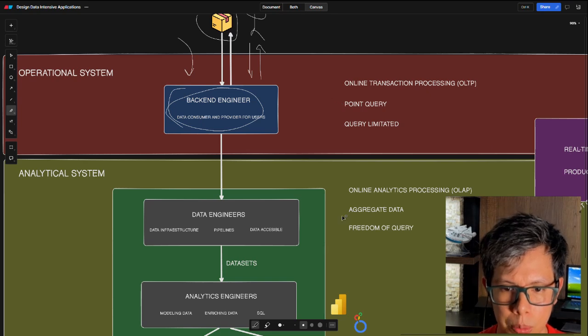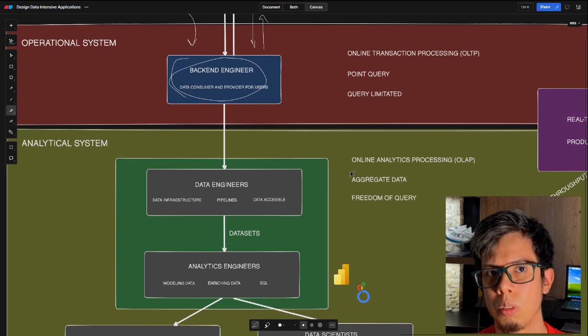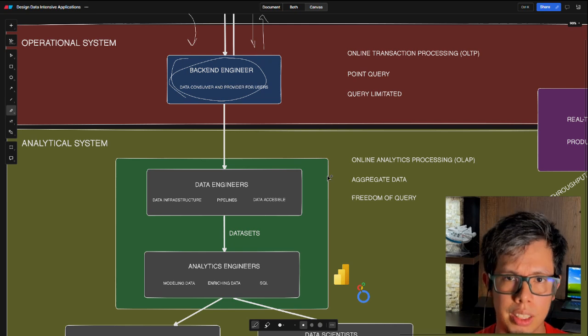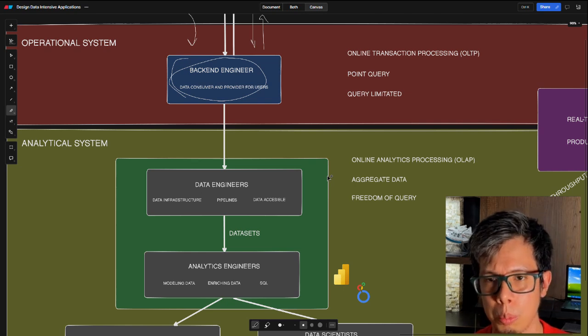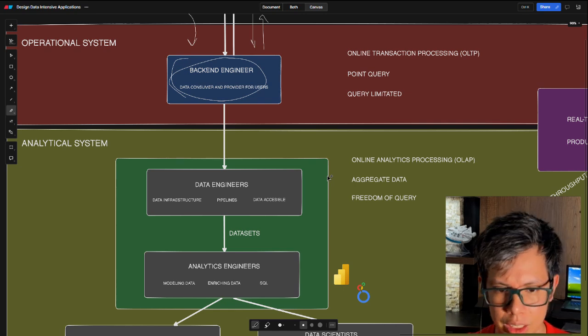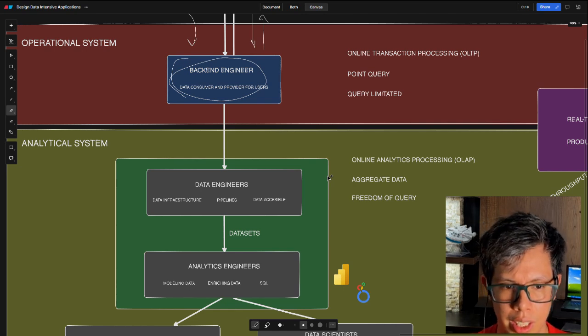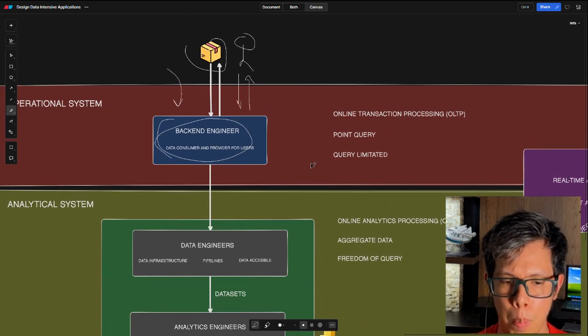But the analytical system works with aggregate data. It's trying to pull the data for some range of dates. So you need prepared raw data that you can consume at any time, which is why this database was created, right? In the operational system, queries are limited by the backend engineer.